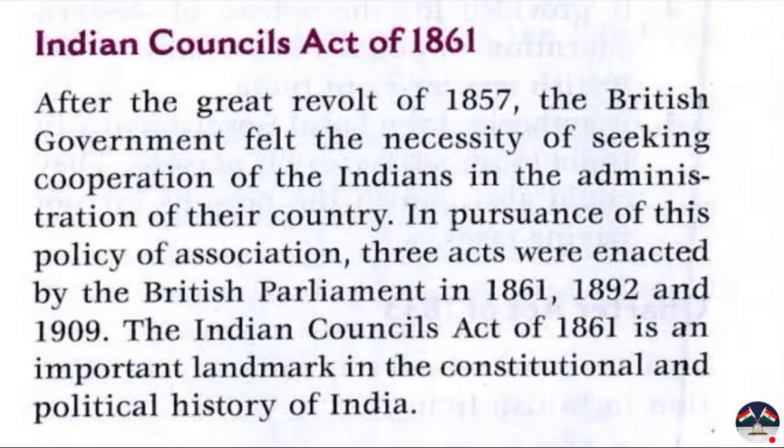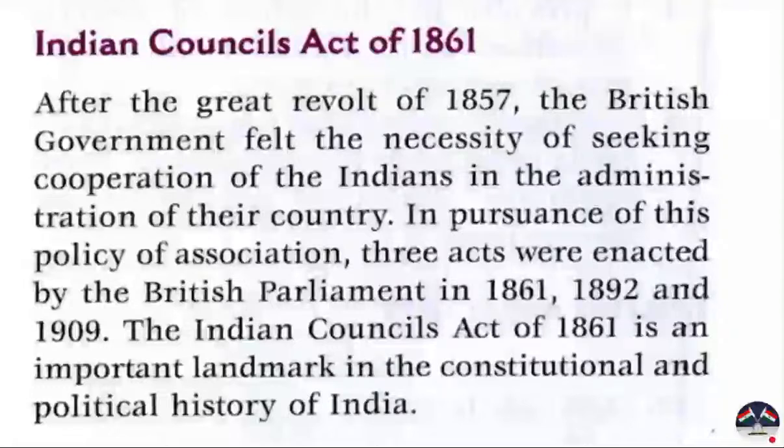After the Great Revolt of 1857, the British government felt the necessity of seeking the cooperation of Indians in the administration of the country. In pursuance of this policy of association, three acts were enacted by the British Parliament in 1861, 1892 and 1909.